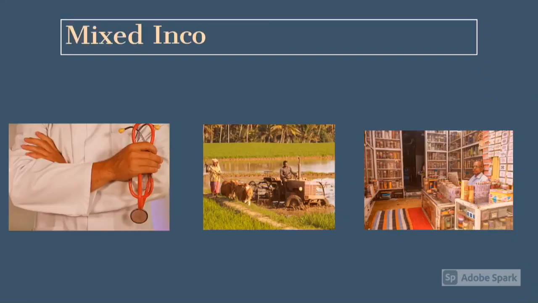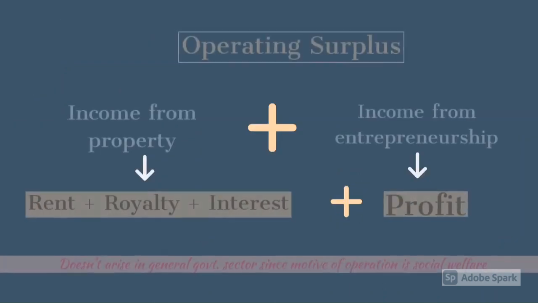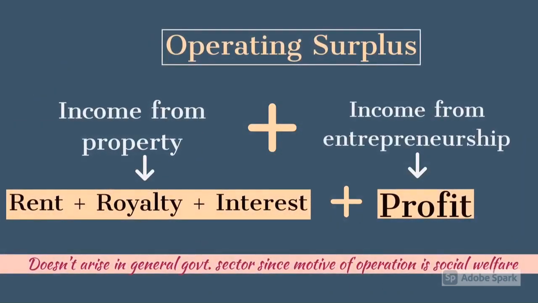Mixed income. It's the term given to that income which cannot be segregated into different heads of COE, rent, interest, or profit. This problem usually arises in case of self-employed people like doctors or CAs, farmers, and also unincorporated enterprises like shopkeepers. Here it would be useful to introduce another term, the operating surplus.